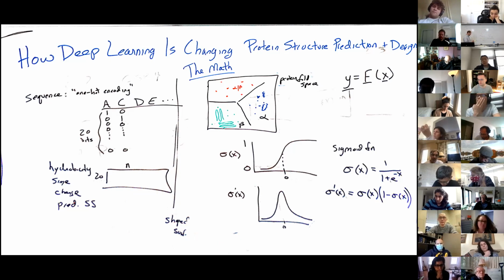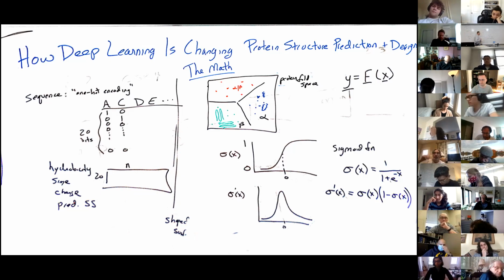What else can we do? We can take this function and bias it and weight it. So if I wanted to shift it over to here, maybe to 5, because the difference between alpha and beta is maybe having 5 alanines or something.